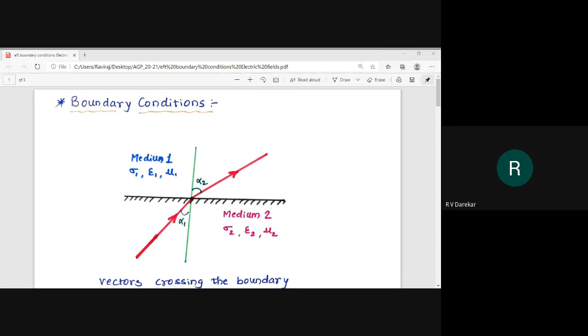Okay, here we can see that in the last lecture we had verified the performance or the behavior of an electromagnetic wave considering the electric field.